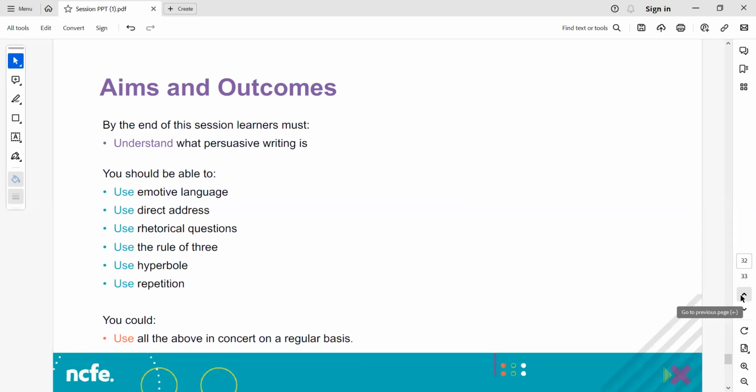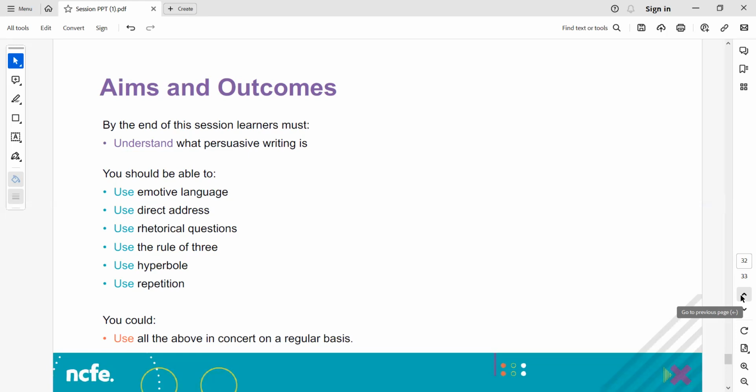So I always say, just download the questions first, have a go, think about what we've done in the session together, and then have a look at the answers. So you'll be able to see if you got things correct, but you'll also be able to use the answers to help you with any questions that you weren't sure about.